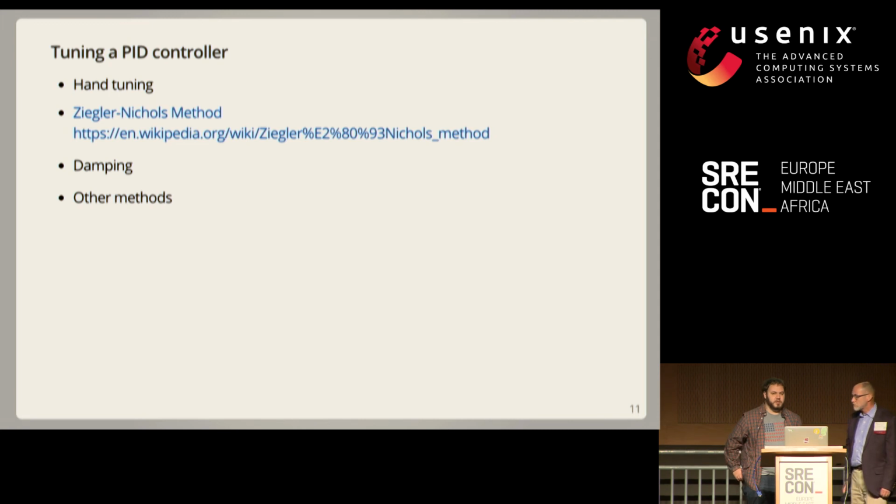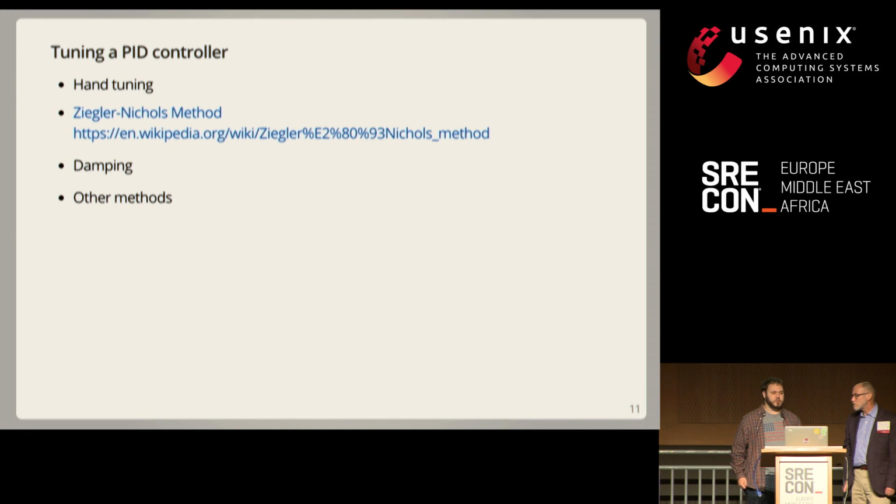There are also several specific tunings of PID controllers. The Ziegler-Nichols method is one of them. Using that method, you start off by tweaking your proportional value until you find the maximum P value that you can use to get a steady oscillation as opposed to an oscillation that diverges.